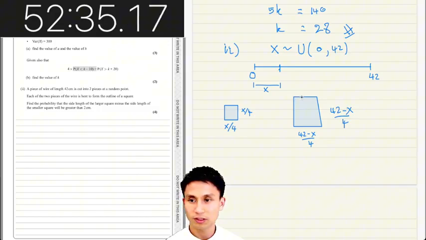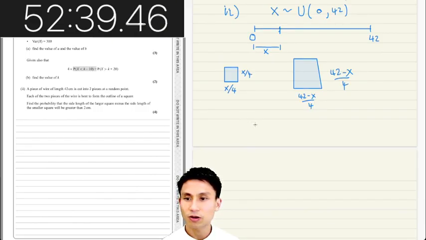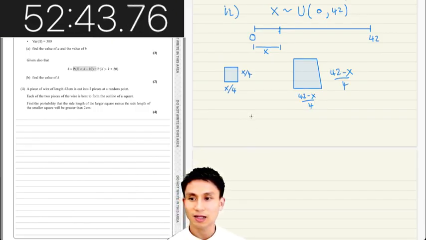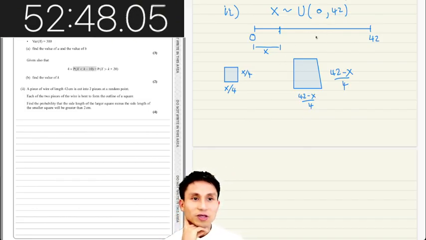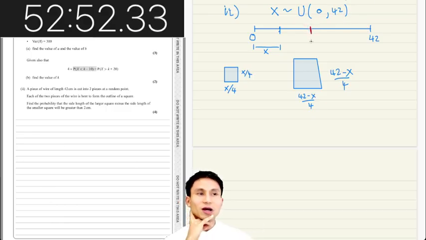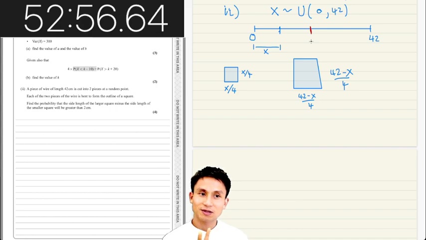Let me just read the question again. We want the side length of the larger square minus the side length of the smaller square to be greater than 2. So look, guys, be careful here. We have a mirror image because if you cut beyond the midpoint, you're going to get the same effect, right?